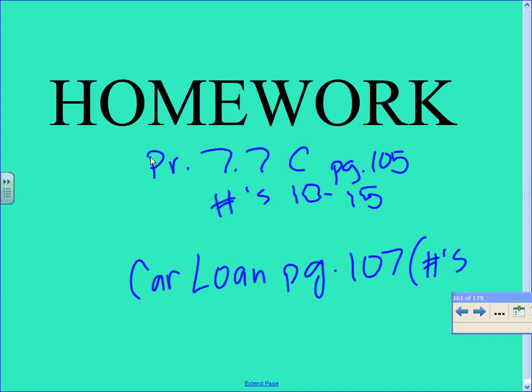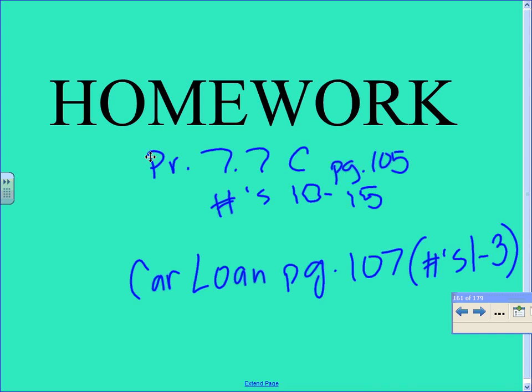Well, actually, let me see. Just do 1 through 3 on that. I lied. On the car loan problem, it's a real world application problem. Try 1 to 3. That's page 107 in your homework packet. All of you, please make sure you have the right numbers written down and page numbers. Adam, do you need a homework packet? You know what to do?